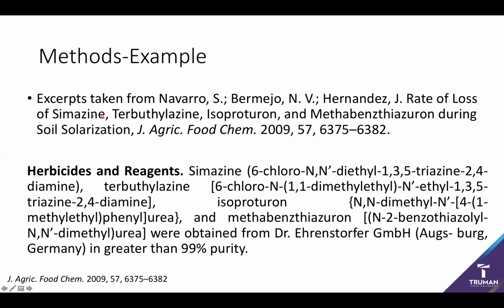So I went ahead and took an excerpt from a discussion of an analysis of herbicides in soil, and how exposure to sun can break them down. The full article is going to be on Blackboard, but you can find the full citation here.